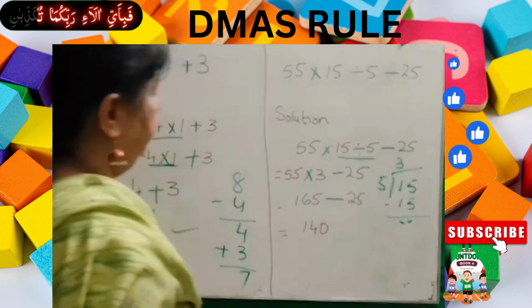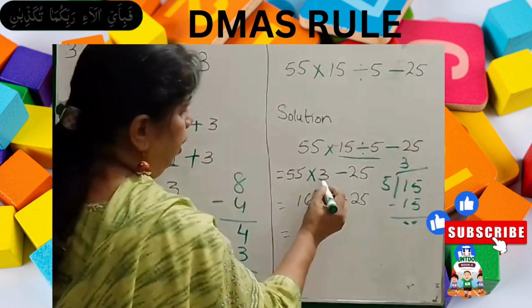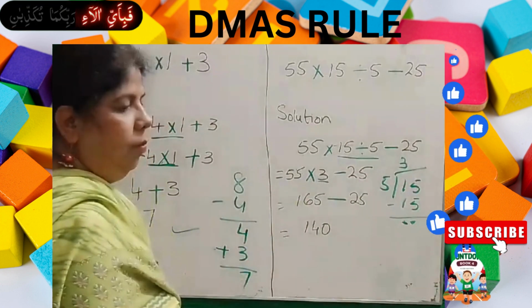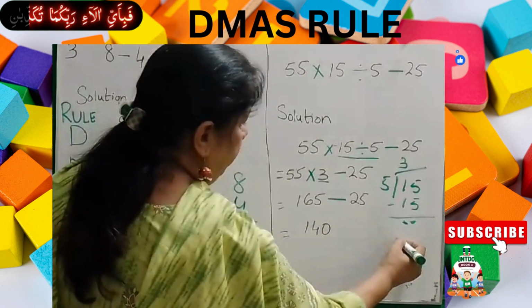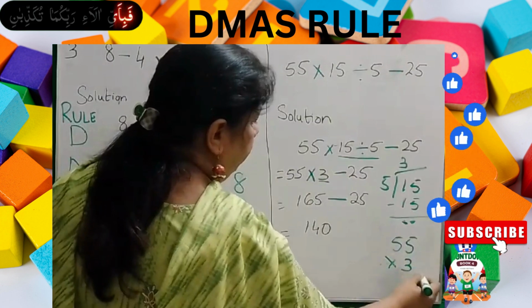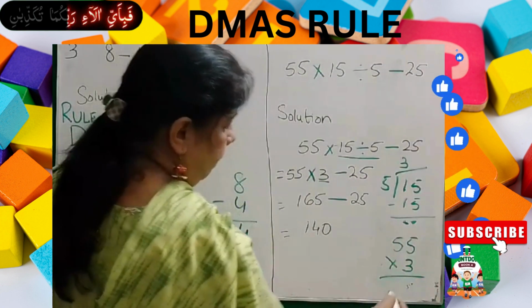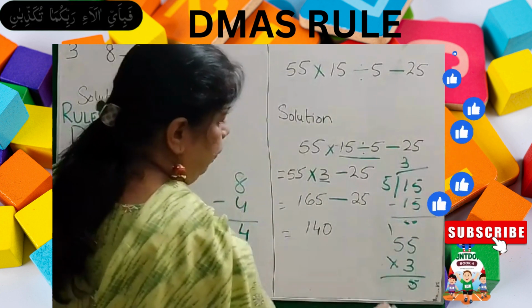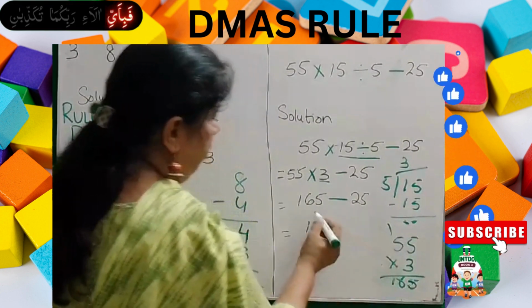Okay, now you have got only 3. 55 multiply 3. It means we have to multiply 55 with 3. 5 threes are 15, so 5 here, 1 here. 5 threes are 15 plus 1, 16. 165.